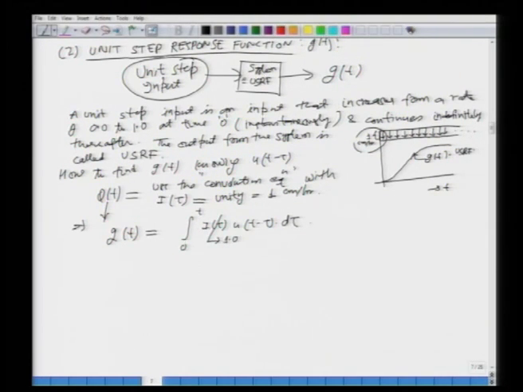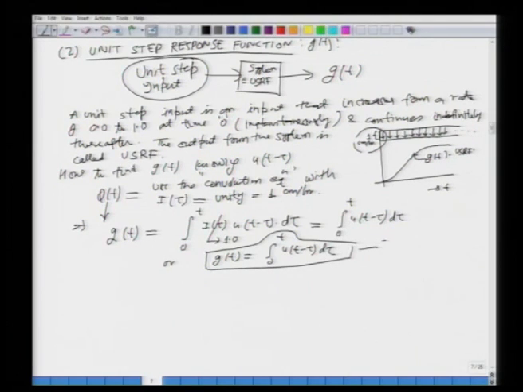So, this is nothing but the integral from 0 to t of u(t − τ) dτ. Or let me say that G(t) is the integral from 0 to t of u(t − τ) dτ. I am going to number this equation 7.2.2.